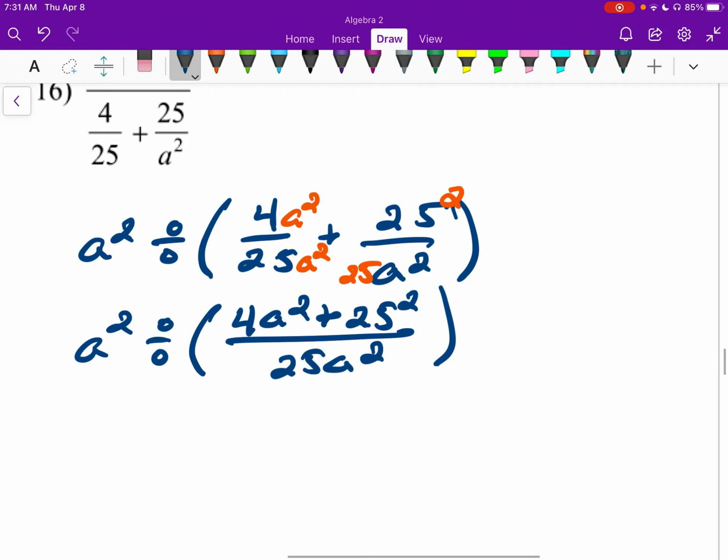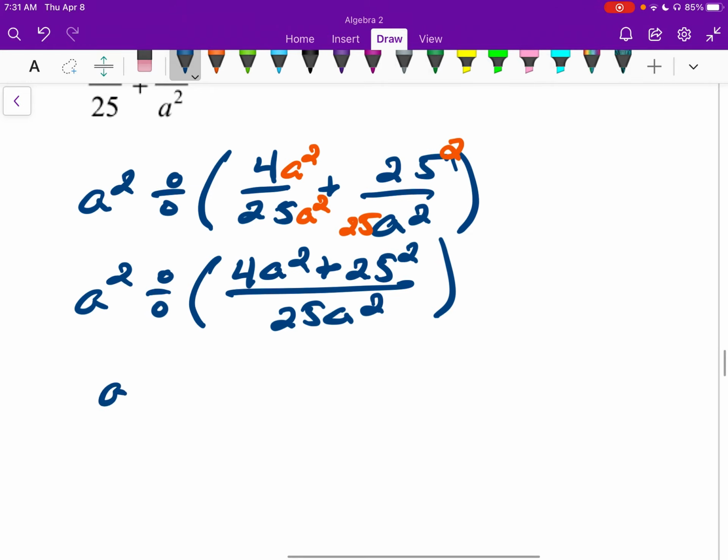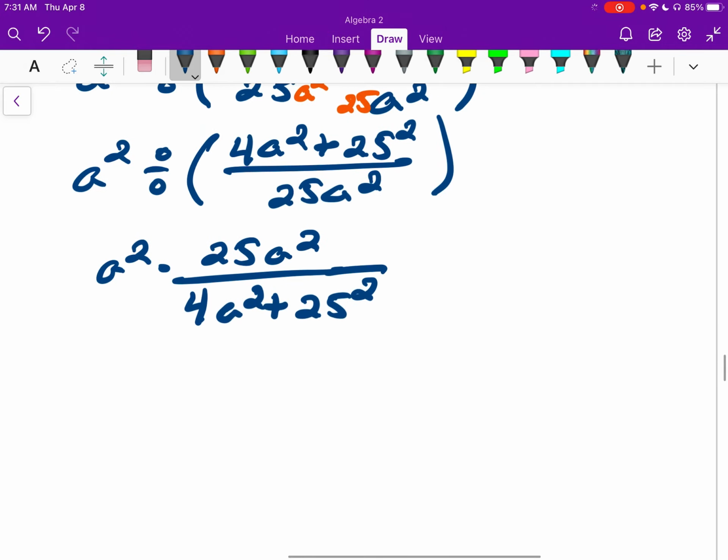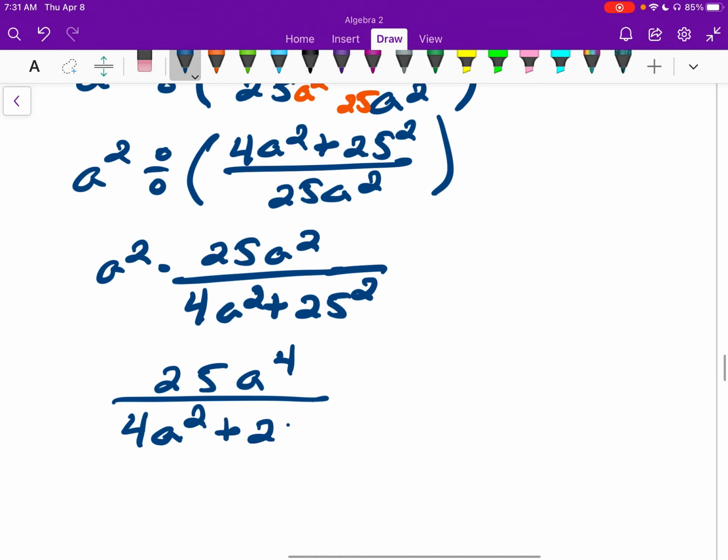Now I can flip my fractions, and I'll have a squared times 25a squared over 4a squared plus 25 squared. And then simplifying, I will have 25a to the 4th over 4a squared plus 25 squared.